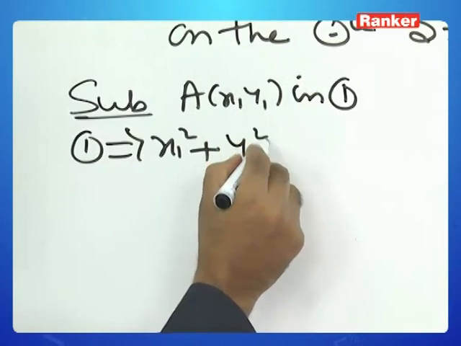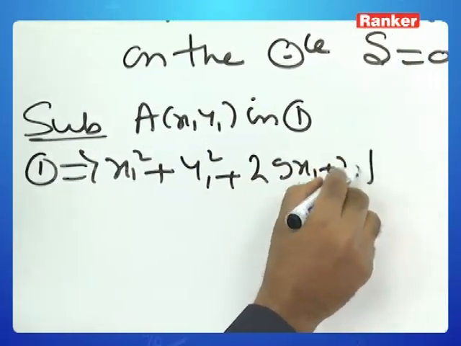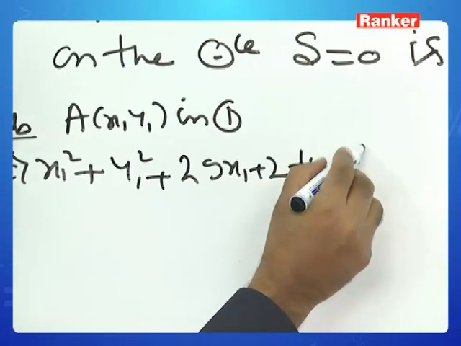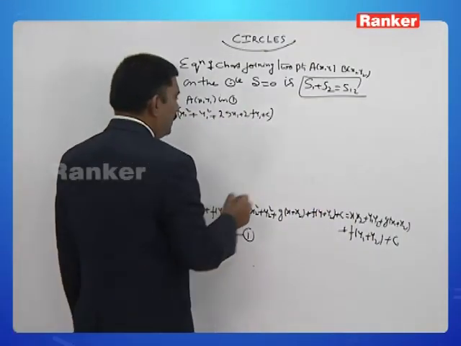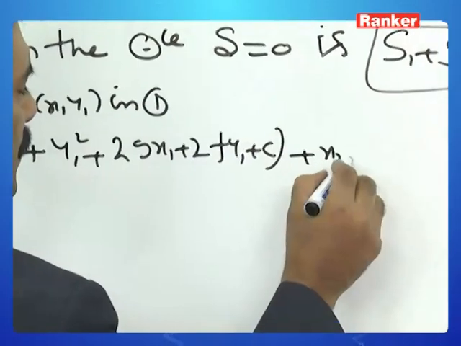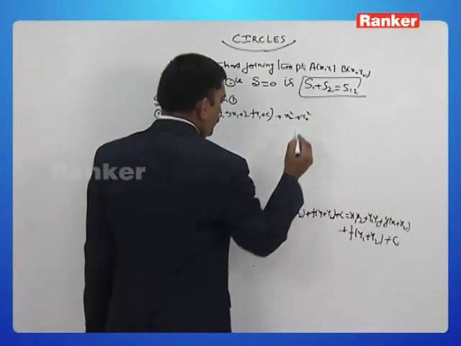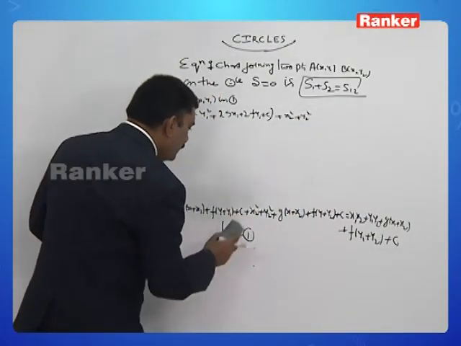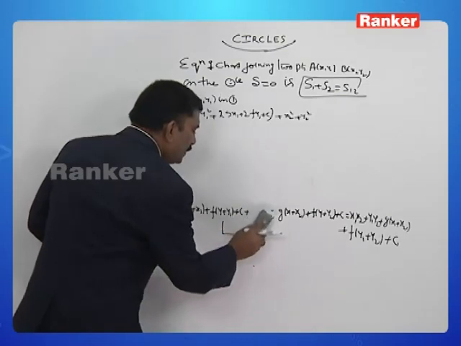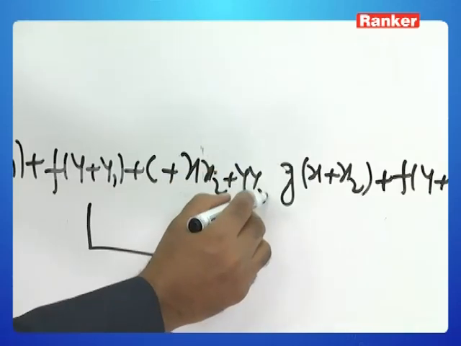So this becomes x1 square plus y1 square plus 2gx1 plus 2fy1 plus c, in one bracket, plus xx2 plus yy2 plus g into x plus x2 plus f into y plus y2 plus c.